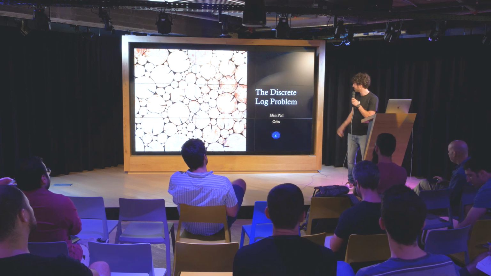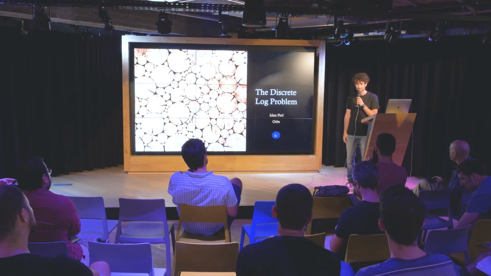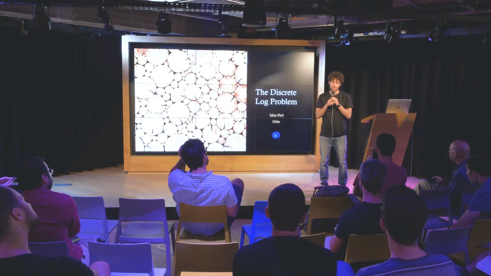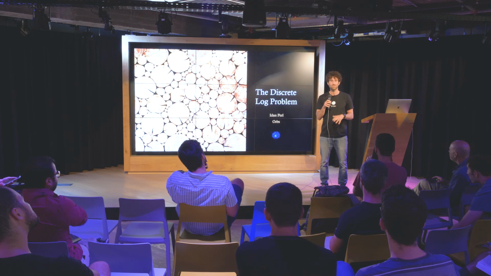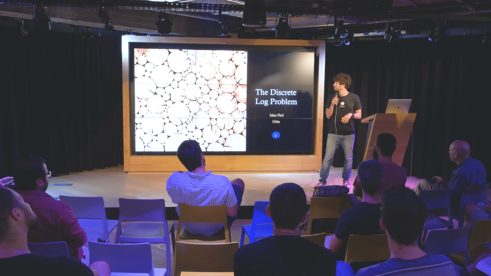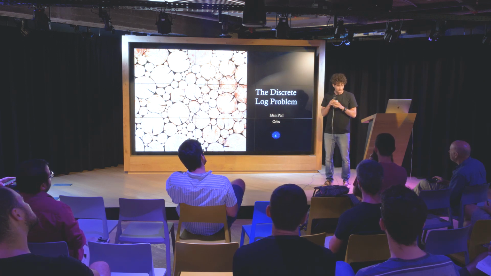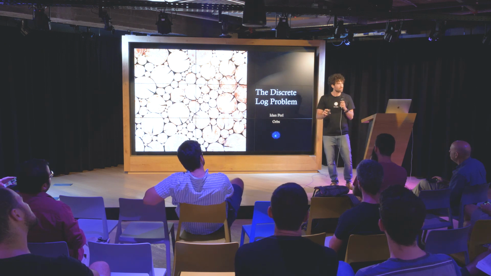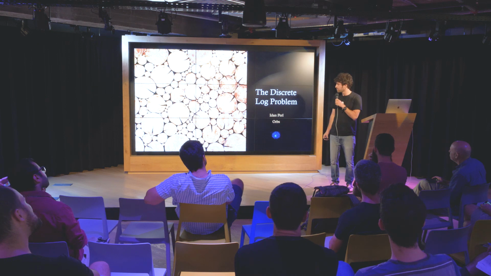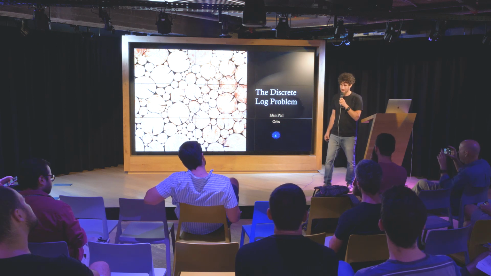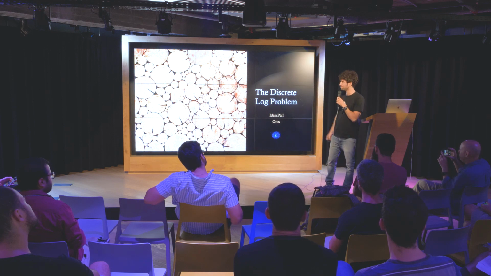So I'm going to talk about the discrete logarithm problem, which is kind of the mathematical object underlying most, if not many, if not most, cryptographic systems today. So I'm going to give a quick group recap, present the problem, and talk about ways to try to solve the problem.